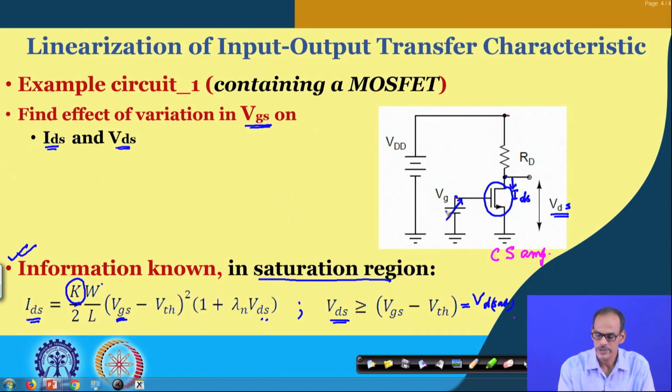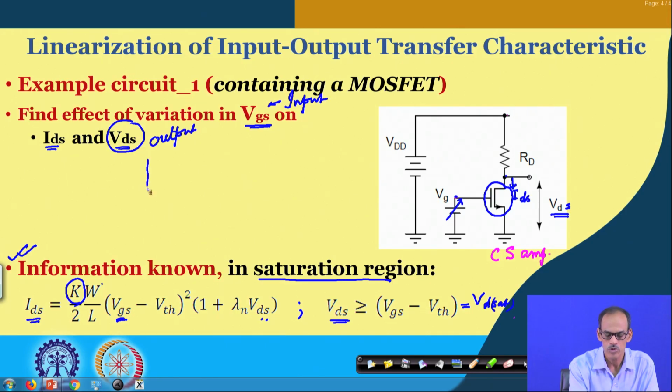So, if I vary this V g or V g s, we would like to see what the variation will be there. If I say that this is the input, and this is the corresponding output, we may say this is also output, but let us consider this to be the output.